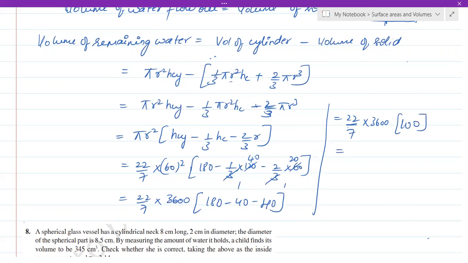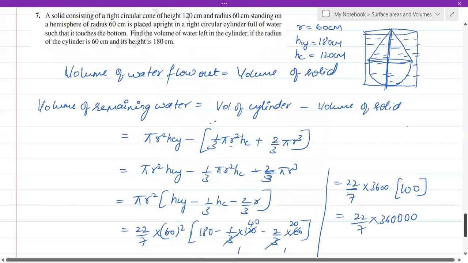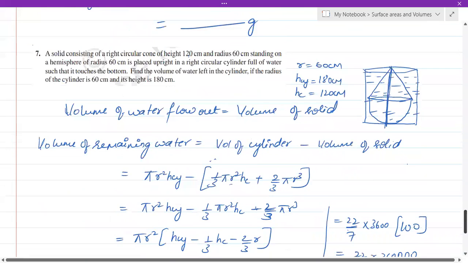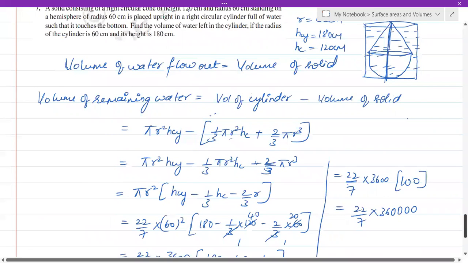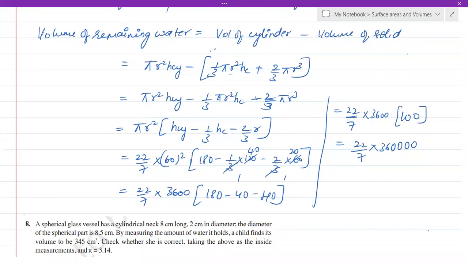So this becomes 22 by 7 into 3600 into 100, so two more zeros. So it will become 3,60,000. If you multiply this and divide by 7, you get the answer. 22 by 7, you can roughly take as 3.14 into 360000.